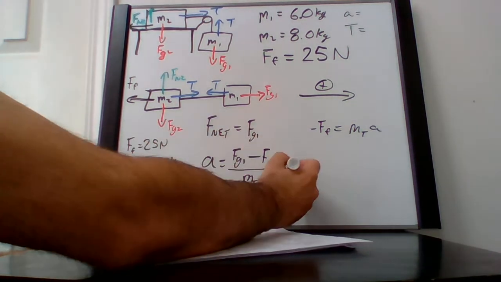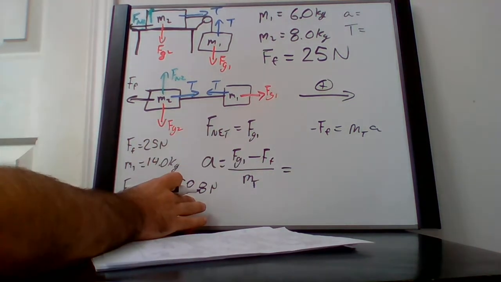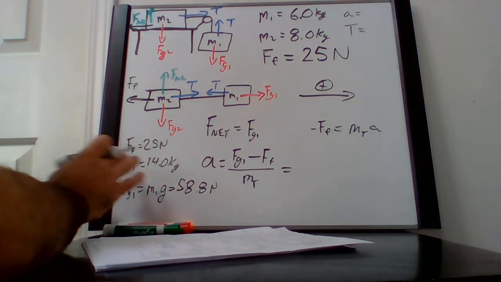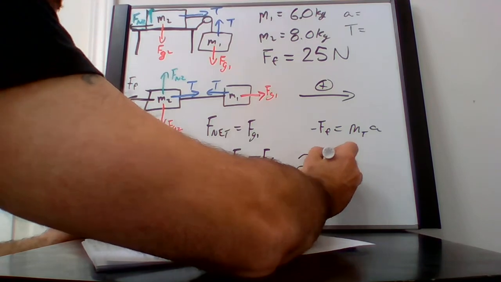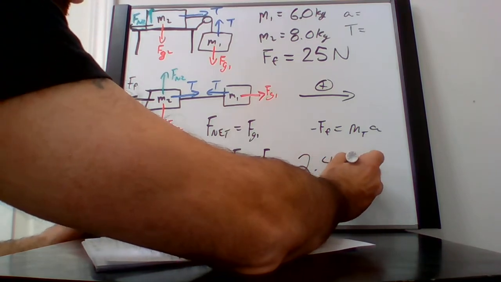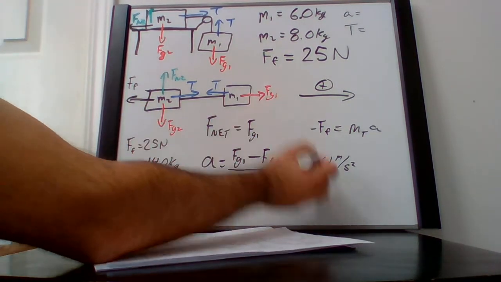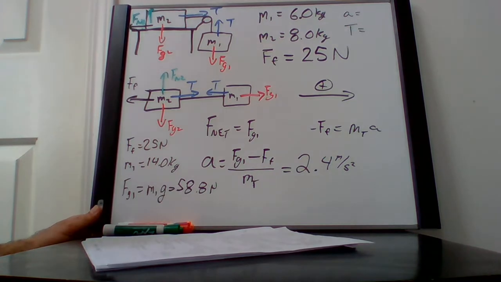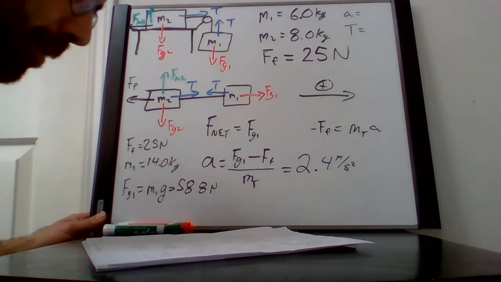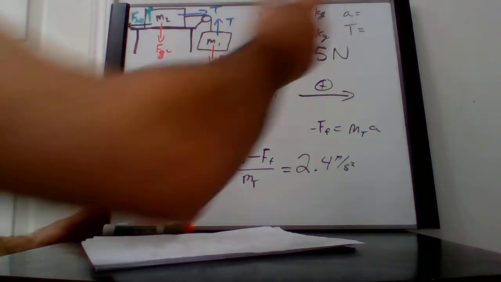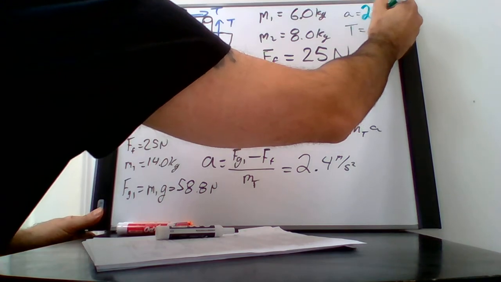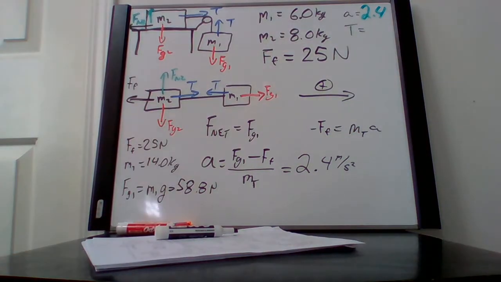So plugging those values in here, 58.8 minus 25 divided by 14, I get 2.4 meters per second squared. 2.414 to be precise. So we have that value, so let's write that in up here. Our acceleration was 2.4 meters per second squared.